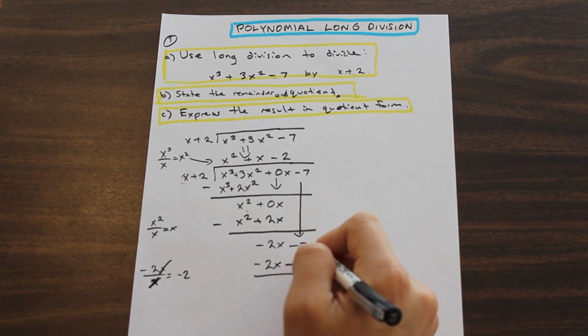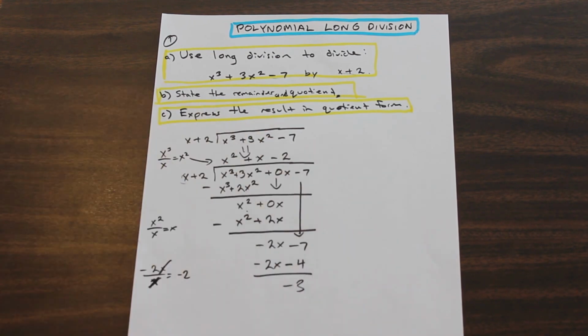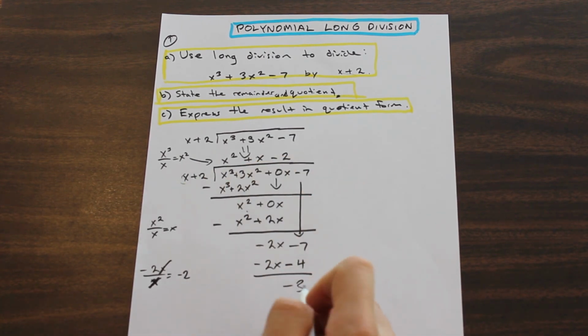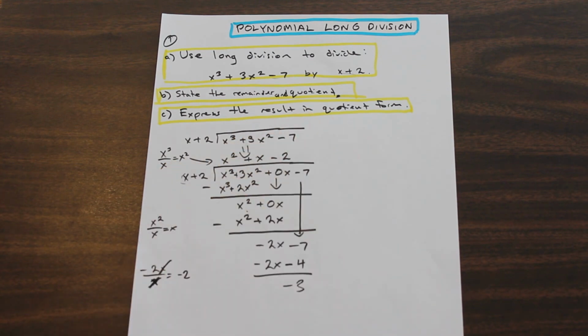And we have negative 7 minus negative 4, which is negative 3. As you can see, we can no longer divide this by x. The power of this is not equal to or greater than the highest power we're dividing by. So we're done. That's the end of the question.